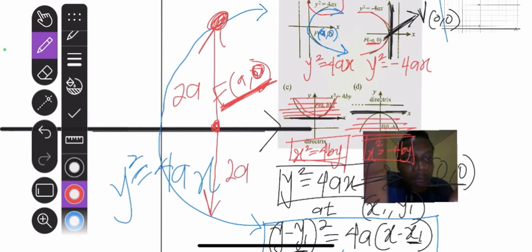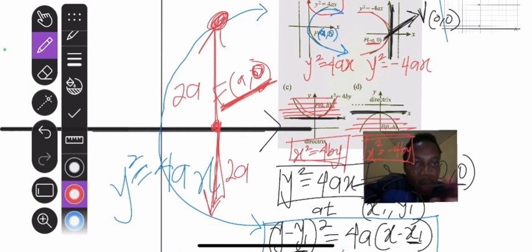These line segments that move from this focus to the curve here, and from this focus to the curve here, are called the latus rectum. In other words, a latus rectum is a line segment that connects two points on the curve and passes through the focal point, because this is the focal point here.